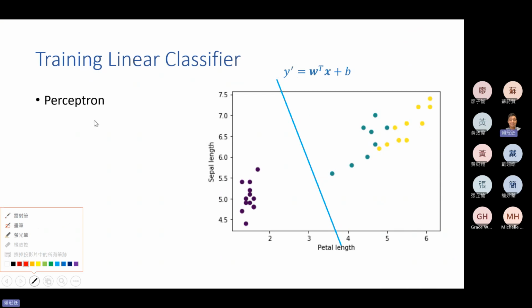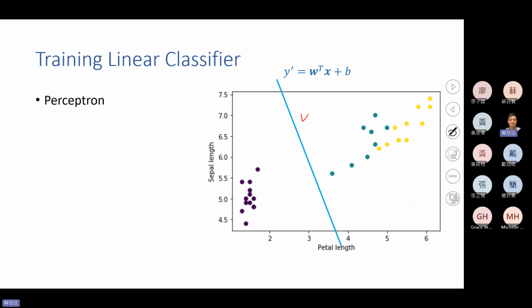So this linear function, when you have an input, is w1 x1 plus w2 x2 plus b. This function equals 0, right?